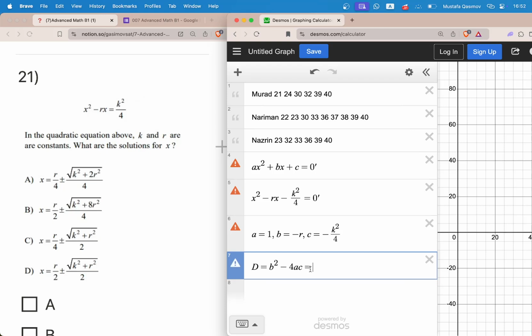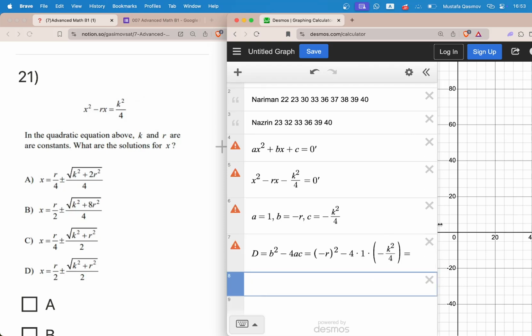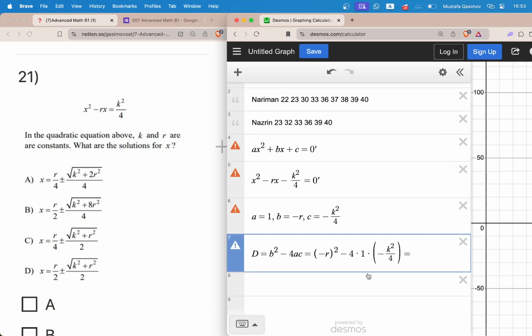It's equal to negative r squared minus 4 multiplied by 1 multiplied by negative k squared over 4. Then it will be equal to r squared, minus 4 will be eliminated, negative will be positive, so it is plus k squared.